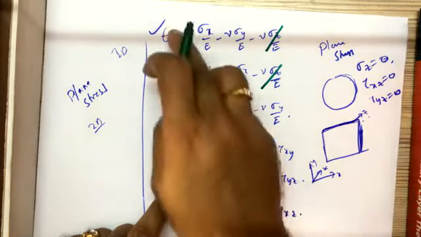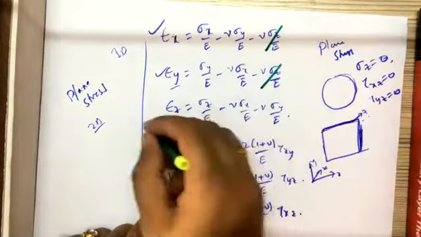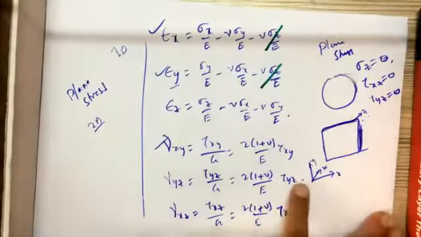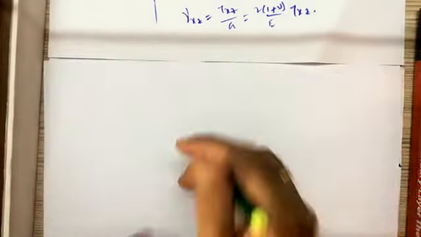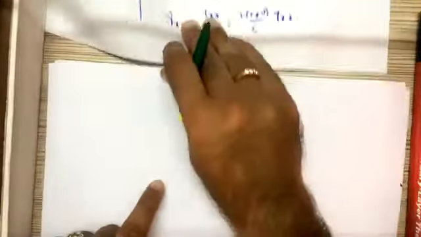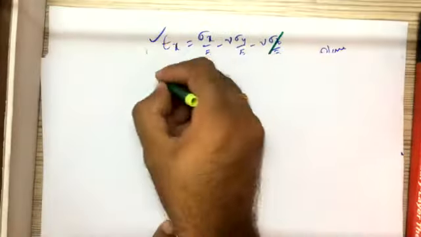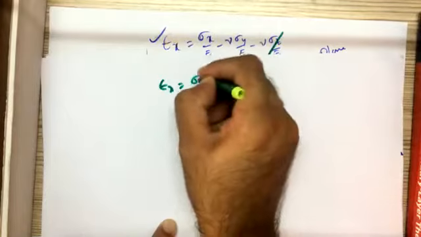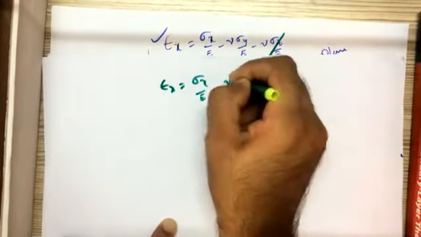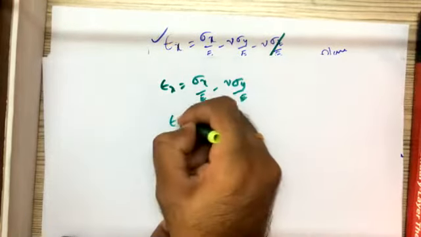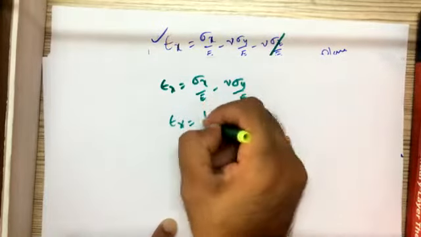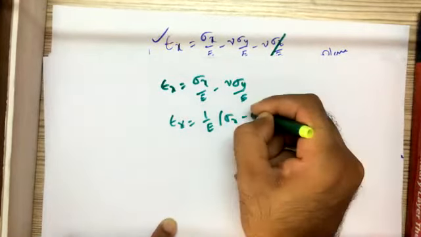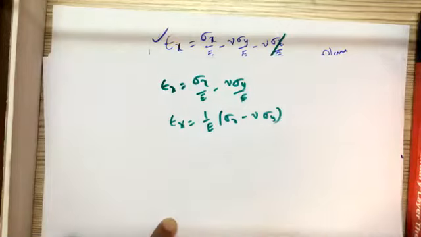So if you take this out, the equations will convert to, look at here. Epsilon x is equal to sigma x by E minus mu sigma y by E. So epsilon x is equal to, if I take 1 by E common, sigma x minus mu sigma y.